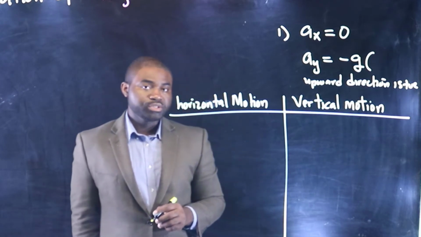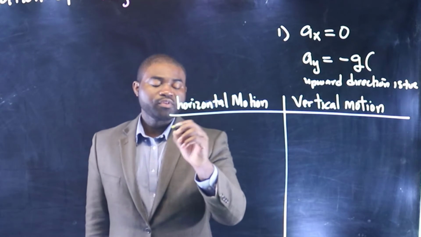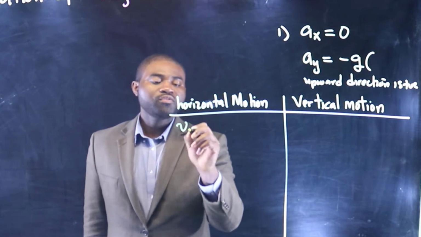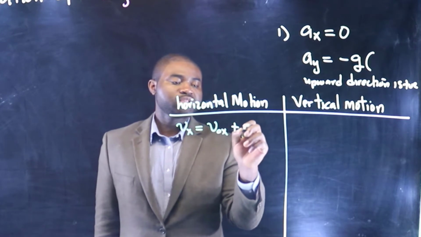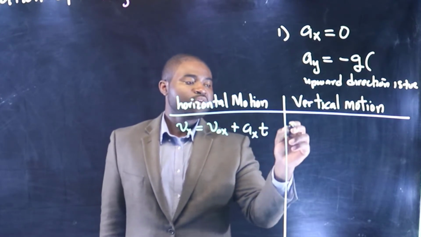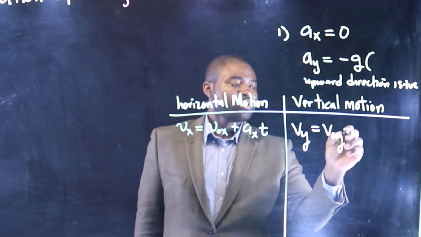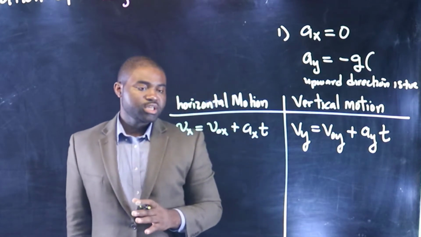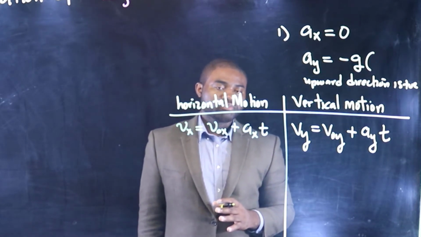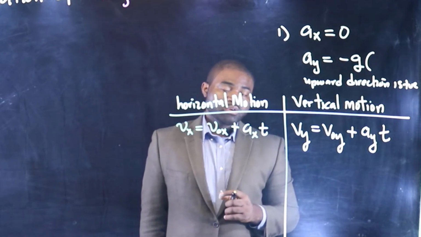So the equations that define the motion you have here: Vx is equal to Vox plus Axt. You have Vy equal to Voy plus Ayt. These are just the equations of motion for a uniformly accelerated motion.